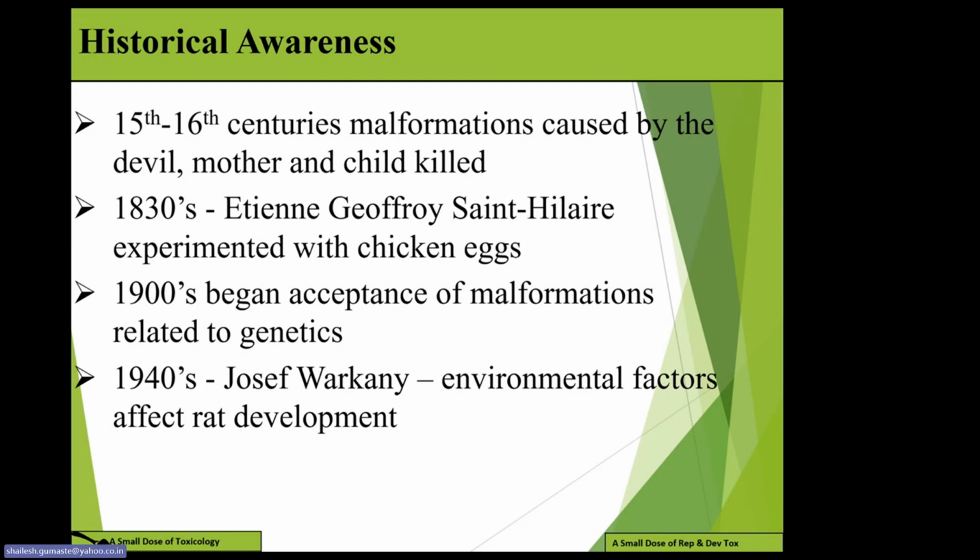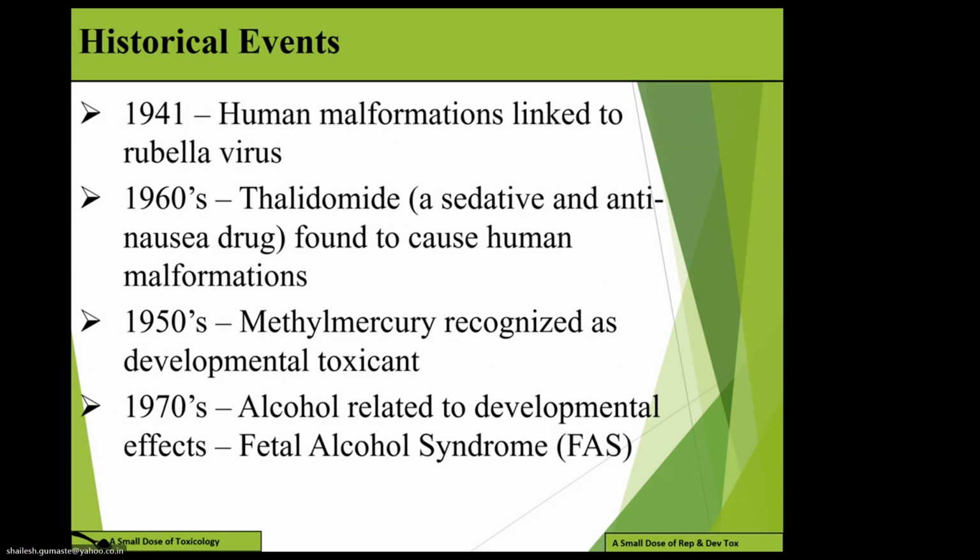In the 19th century, some acceptance came that malformations were related to genetics. In the 1940s, experiments showed that environmental factors also affect rat development. In 1941, human malformation linked with the rubella virus was documented.